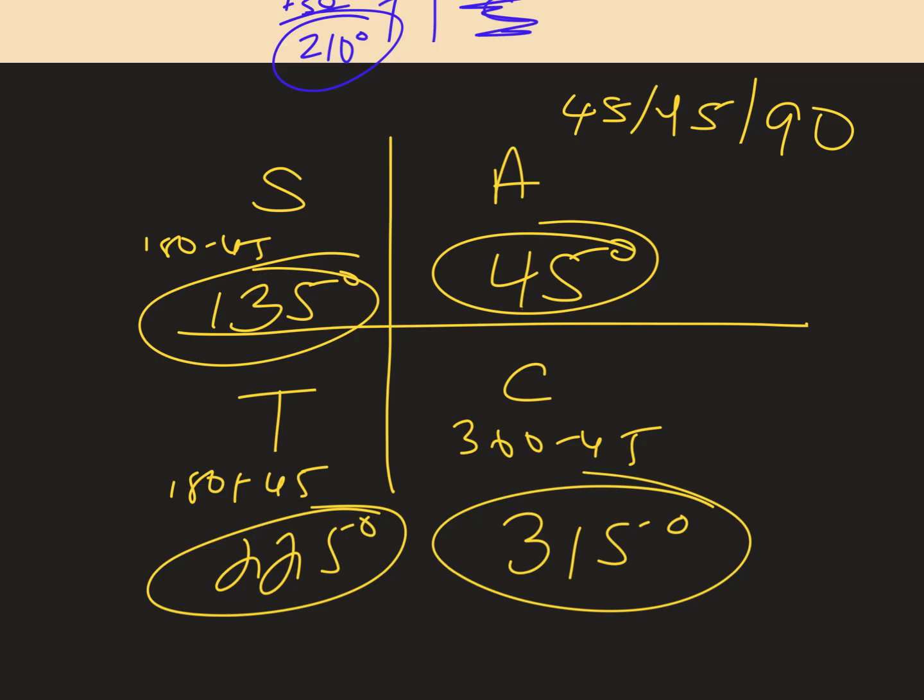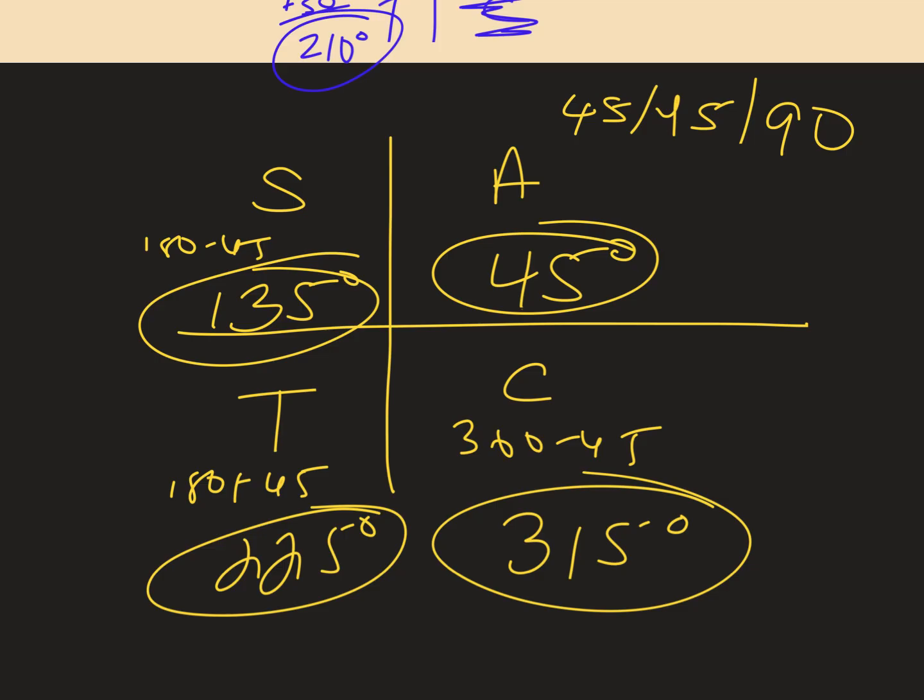Where is cosine positive? In 1 and 4, right? So you would cross off 2 and 3. If they said where the tangent is positive, you'd cross off 2 and 4. Tangent is positive in where? 1 and 3. So you cross off where it's not. Cross off where it can't be. You eliminate.